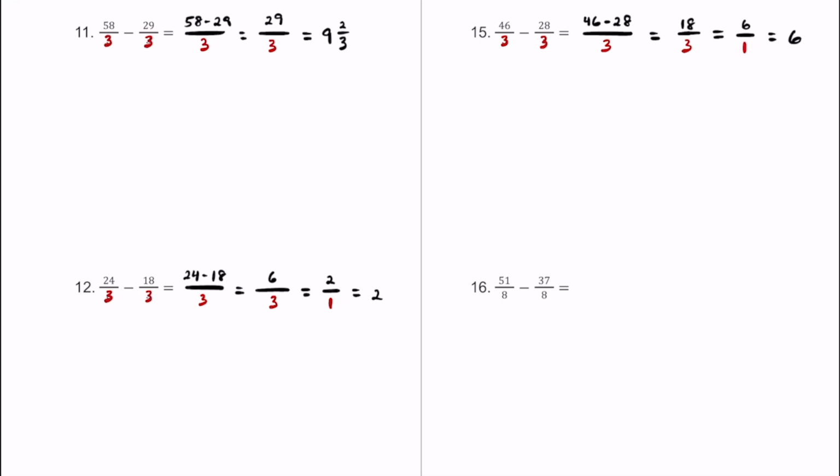All right. Finally, for number 16, we have 51 eighths, and we're going to take away 37 of these eighths. So our common denominator here is 8. And let's go ahead and take this 51 and take away 37. 51 minus this 37 is going to be 14, so we're going to have 14 over 8. And this can be simplified because they're both even numbers.